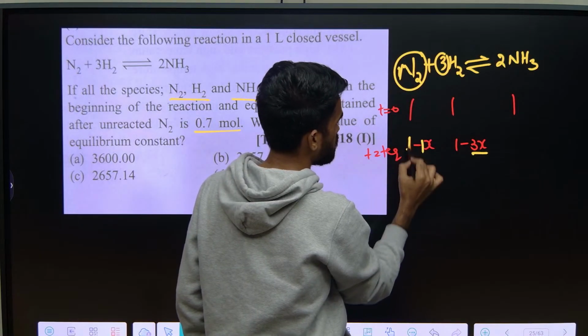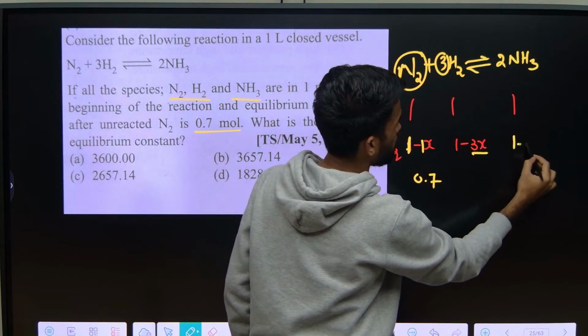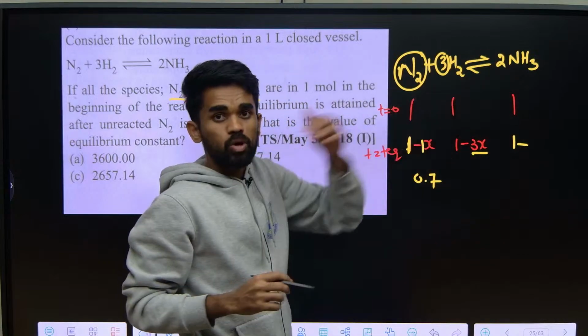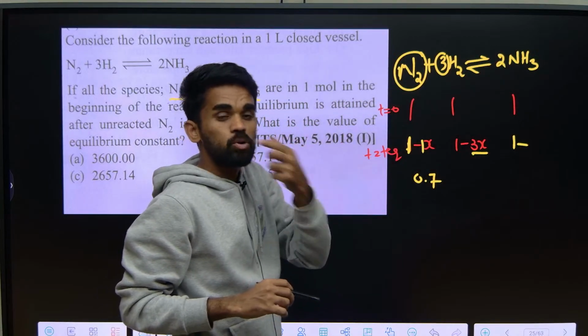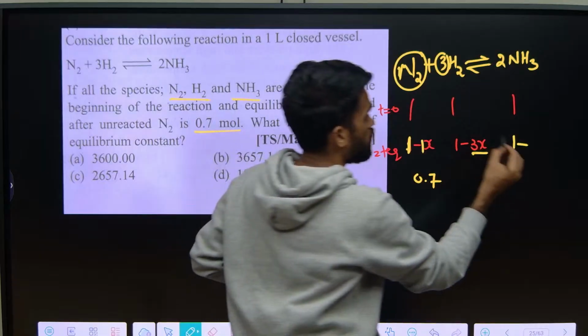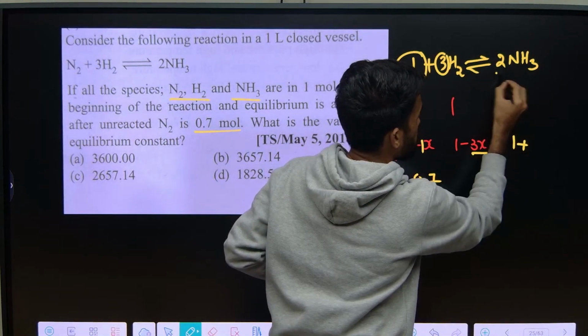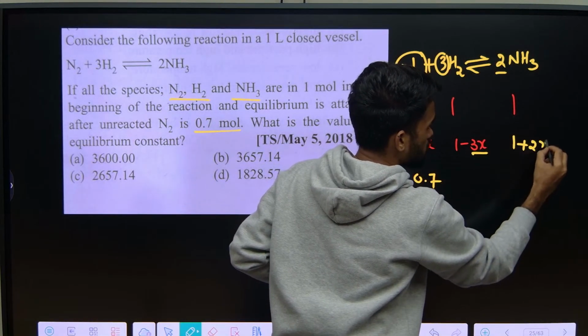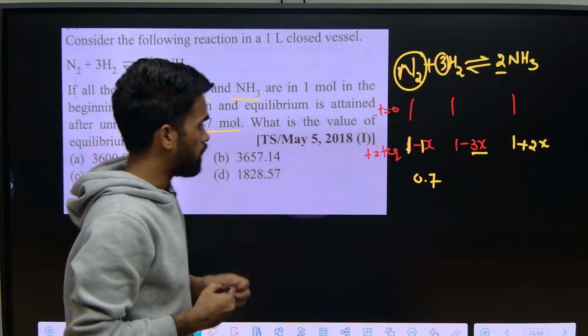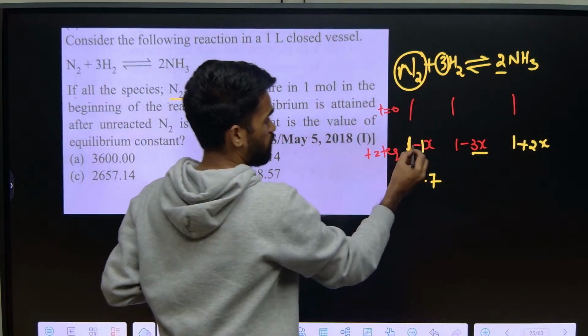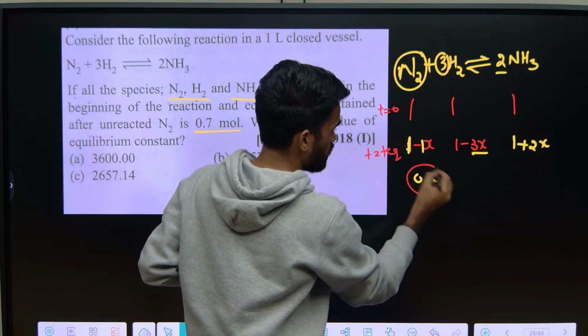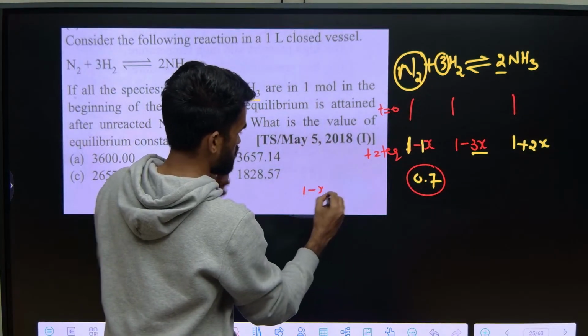1 minus 1x. And here this is forming product, so some quantity of product is increased. So how much is it? 1 plus the stoichiometric coefficient, 2x, that is it. So now this 1 minus x value is how much they are saying? 0.7, 1 minus x is 0.7.